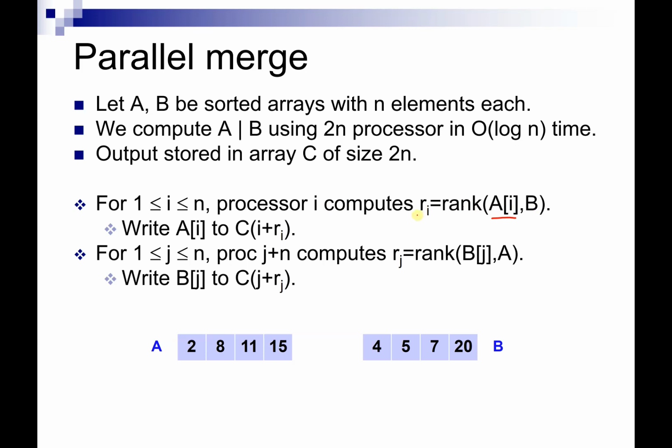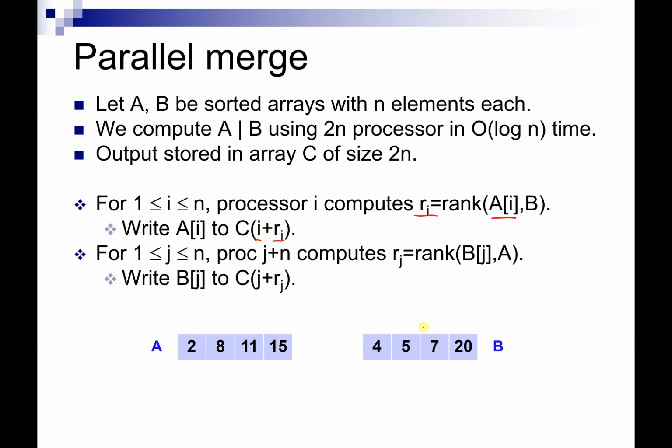So whatever this rank is of A[i] in B, then we can use the previous claim to say that the final position of A[i] in this overall merged list C is going to be the rank of A[i] in A plus the rank of A[i] in B.